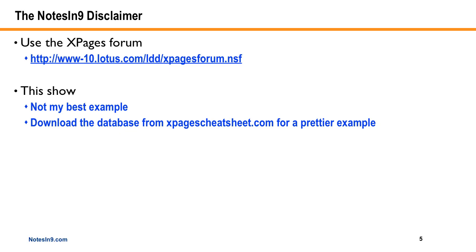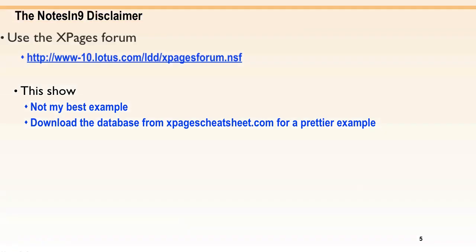But the pretty version will be downloadable on xpagescheatsheet.com. I'm going to demonstrate that in the beginning, and I also demonstrate at the end where to go to download it. You're more than welcome to download that and my fake names database for your usage. So, with that said, let's go into the demo.